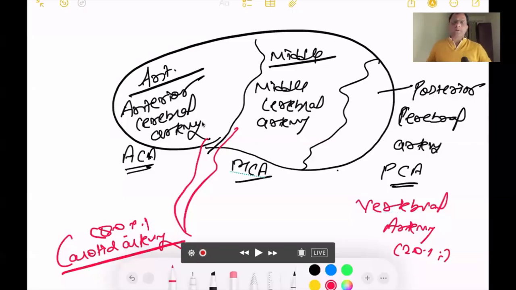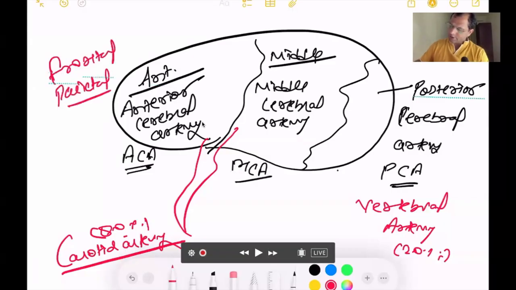In the anterior part we have the frontal brain and the parietal brain. In the middle part also we have frontal and parietal brain, but also the lateral brain. And here we have the occipital brain, the back part of the brain.